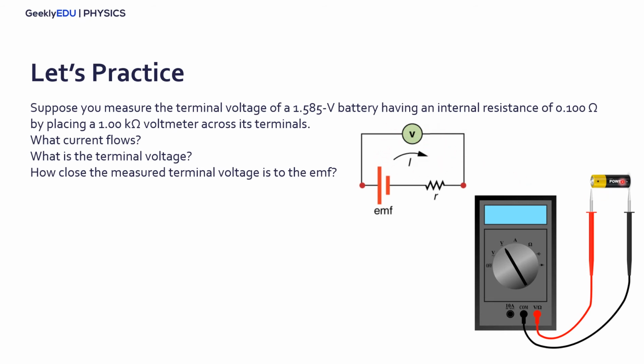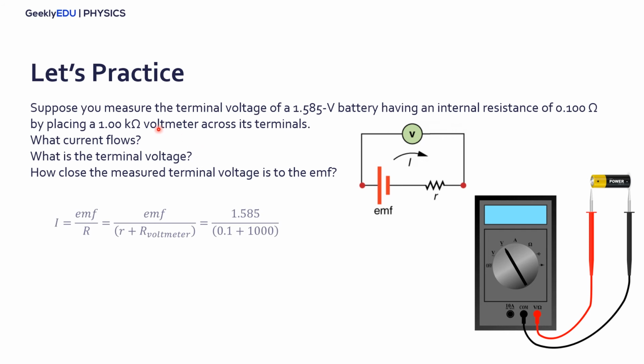If we take this circuit, we have our battery, the EMF and the internal resistance, and we're adding our voltmeter. See that the resistance of the voltmeter is much higher than the internal resistance of the battery, so that's good. Let's start our calculations.